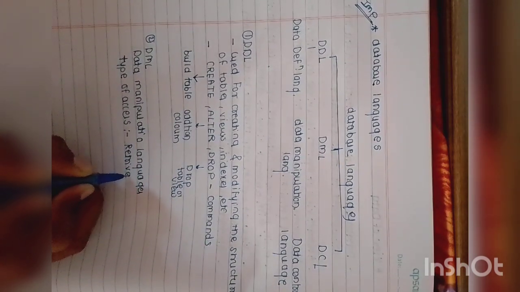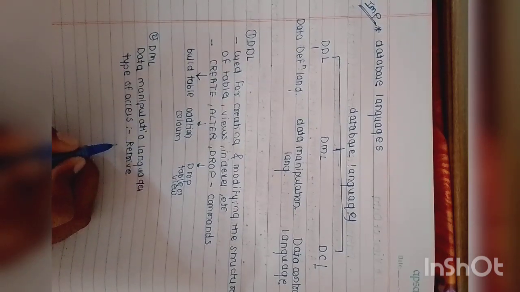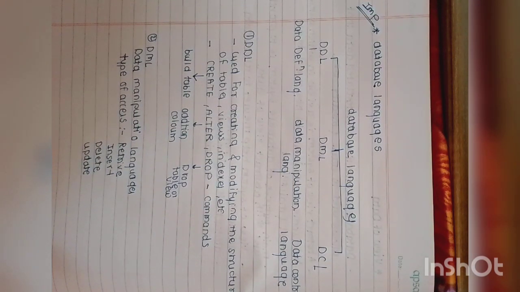So it has four types of access: retrieve, insert, delete, and modification, meaning update. These are the commands which will be used in DML.